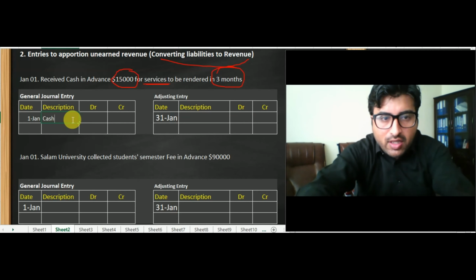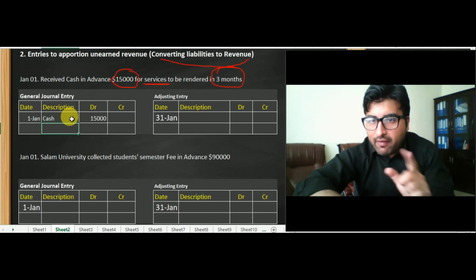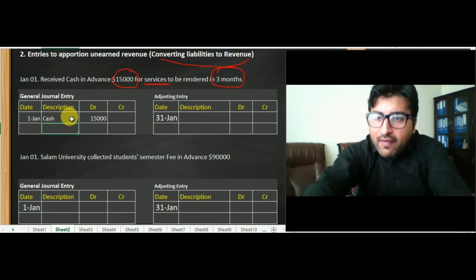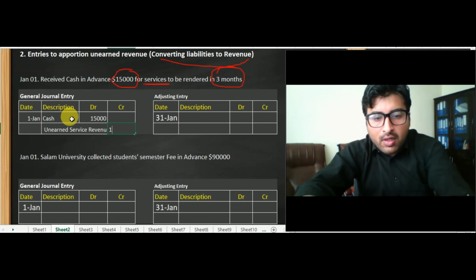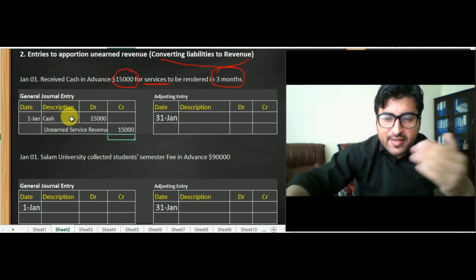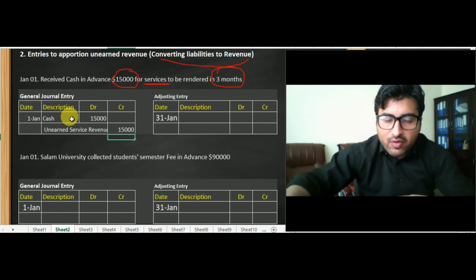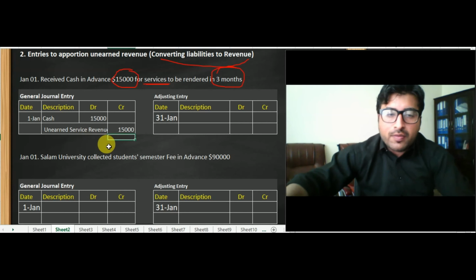So cash debited, how much? $15,000. What should be credited? Revenue? No, never. So we have an account by the name of unearned service revenue account, and that is $15,000. So keep in mind the title can be changed. If it is sale, you can say unearned sale revenue account. If it is rent revenue, you can say unearned rent revenue account.